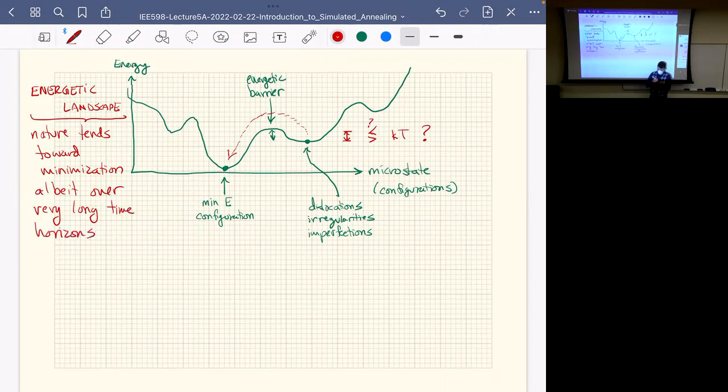And so basically you can see here that we've now gone from fitness landscapes to energetic landscapes.